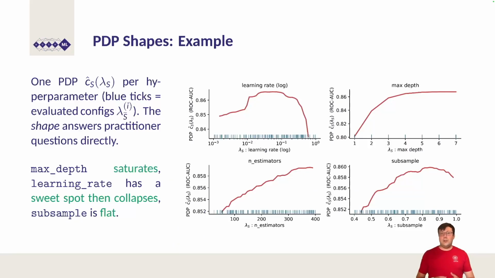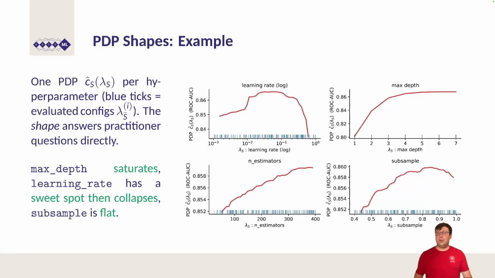So, one-dimensional PDPs for all four hyperparameters we already considered in the previous sections, with the rug indicating where configurations were actually evaluated. The shapes map directly onto the motivating questions. Max depth exhibits saturation, so a monotone improvement to a plateau.